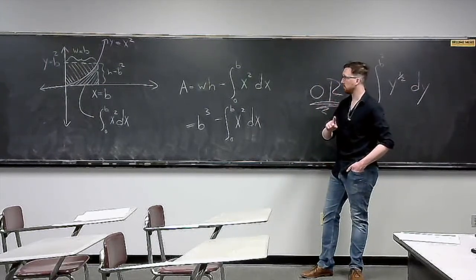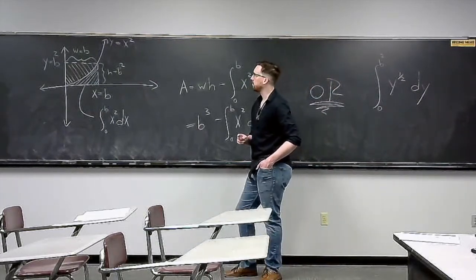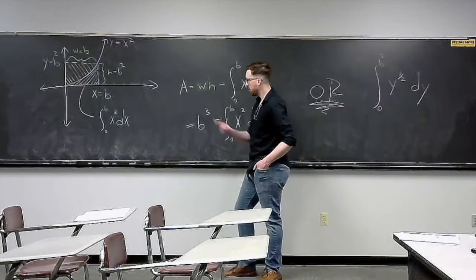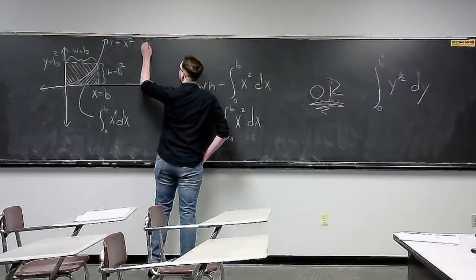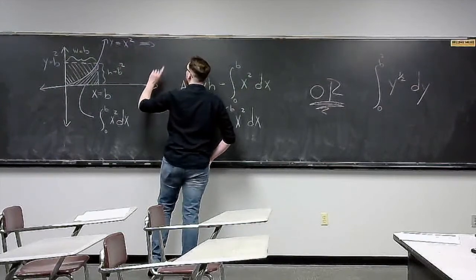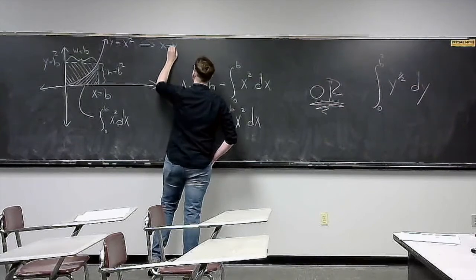Alternatively, what you could do, you could say, yes, y is equal to x squared, but x is equal to y to the 1/2.